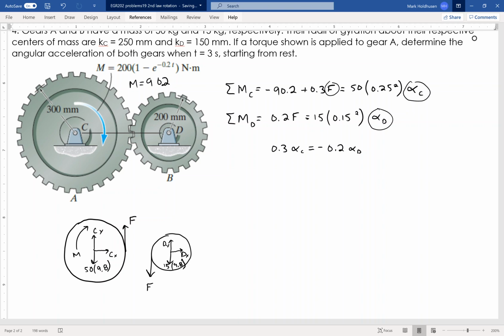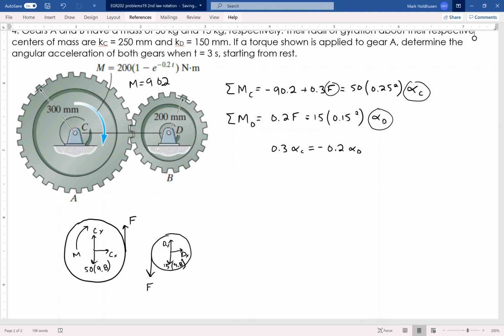If you make assumptions, you've got to stick with them. So at this point, I'm making no assumptions. I'll just say they both have an acceleration, one's in one direction, one's in the other. That's fine. Now I've got 3 equations and 3 unknowns.